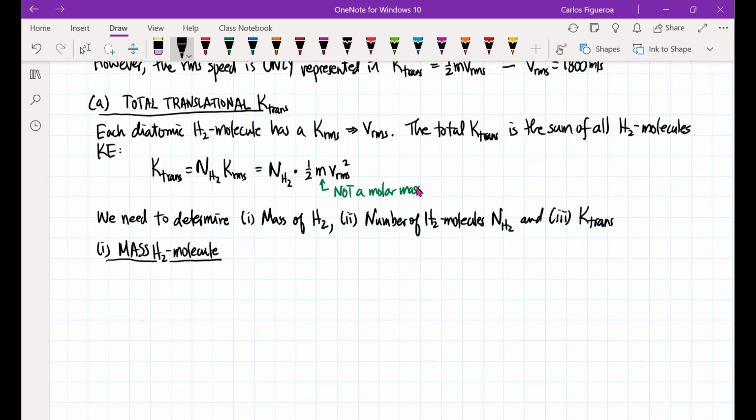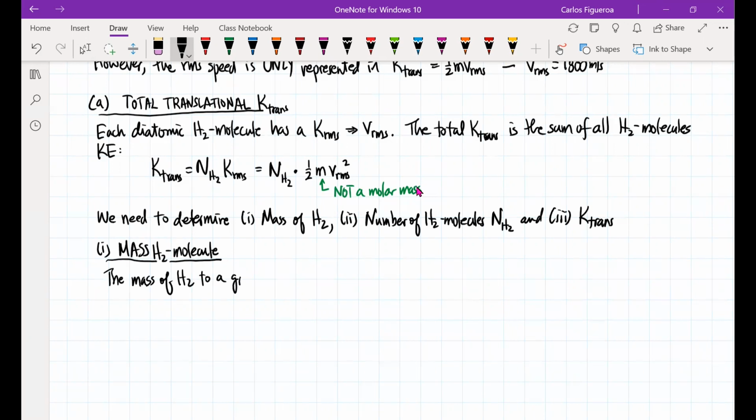A hydrogen atom has a proton and an electron. The mass of the proton is 1800 times the mass of the electron, so I can ignore the mass of the electron.